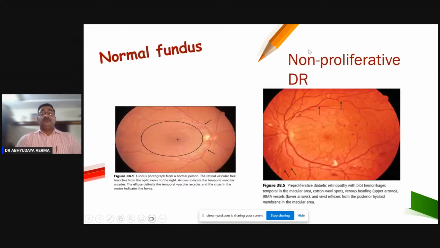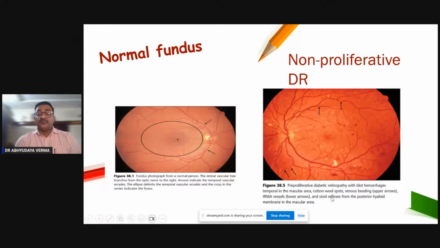You can differentiate here. You can see the normal fundus and the non-proliferative diabetic retinopathy, where we have these blot hemorrhages temporal in the macular area. You can see the arrows here, and the cotton wool spots and venous beading also seen clearly. And the IRMA vessels.